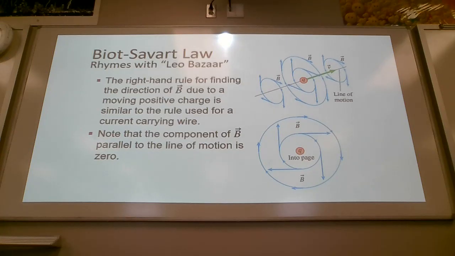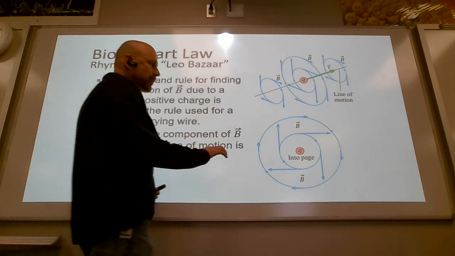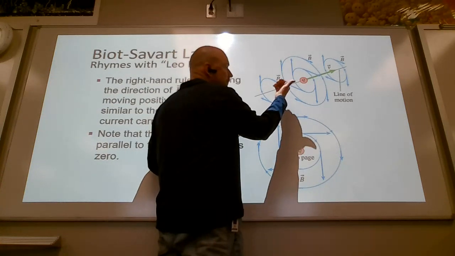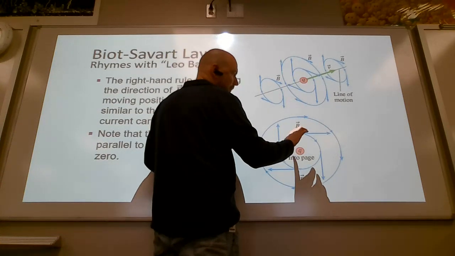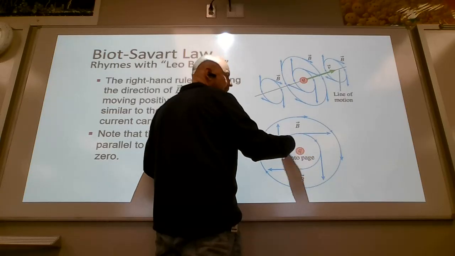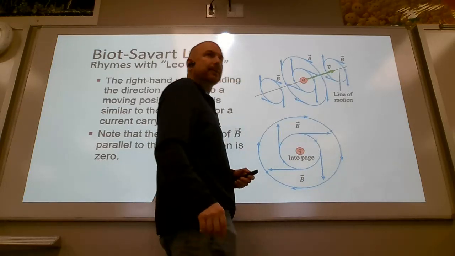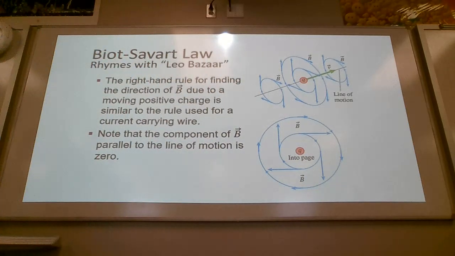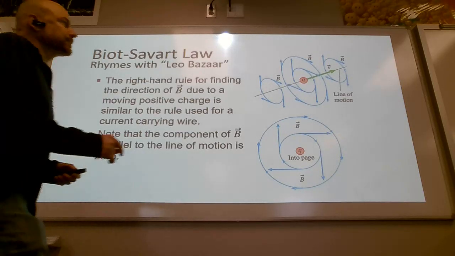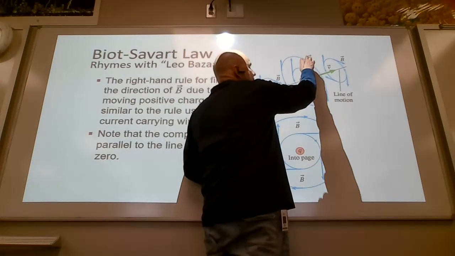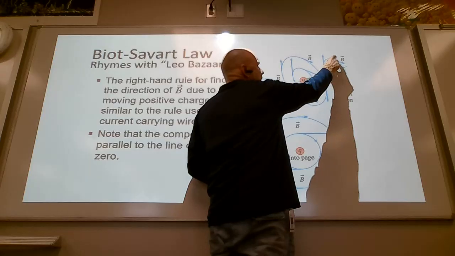So the Biot-Savart Law: it's stronger here, closer, and gets weaker as you go further away, radially away. It's stronger here than it is over here.